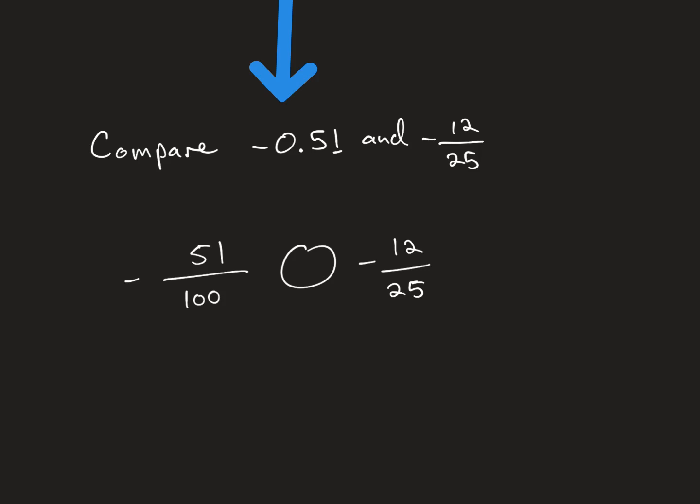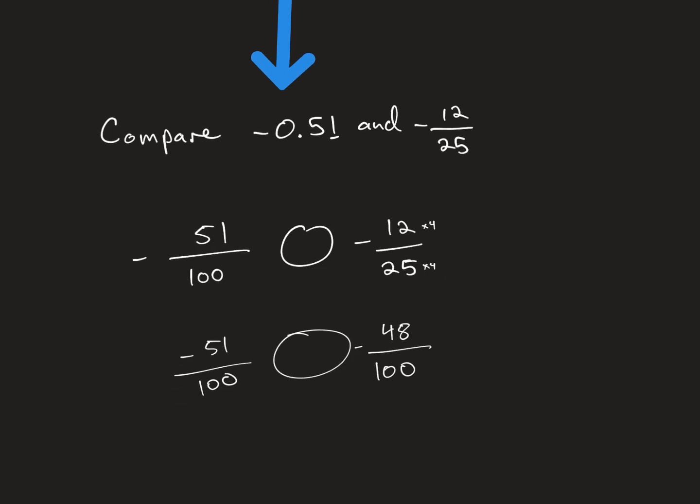So I take this and put it over 100. Here, I would have to multiply both terms by 4. So I am now comparing negative 51 hundredths to negative 48 hundredths, since 12 times 4 is 48.